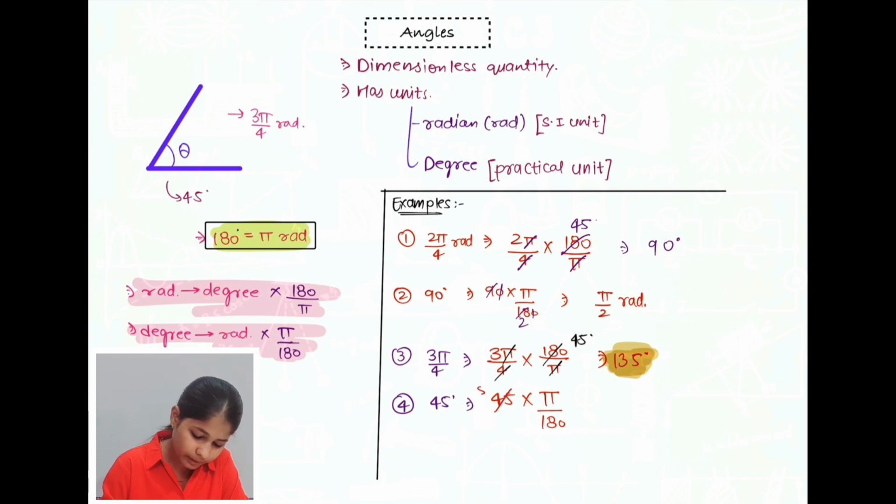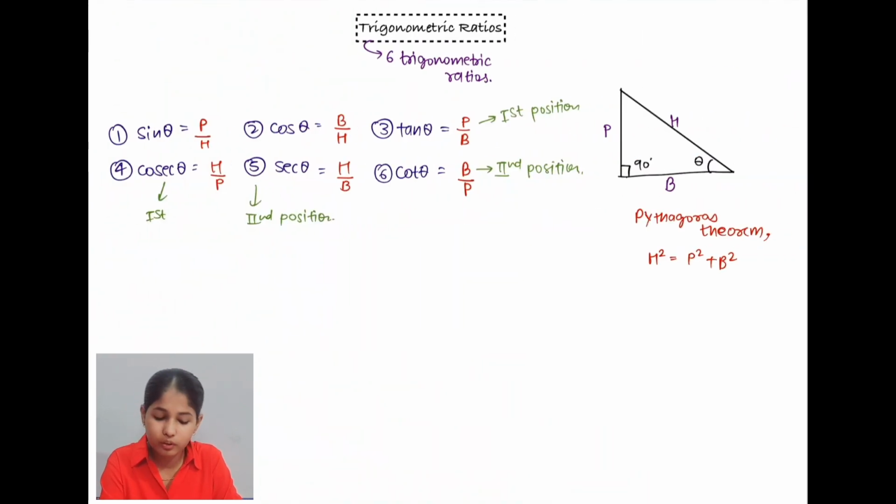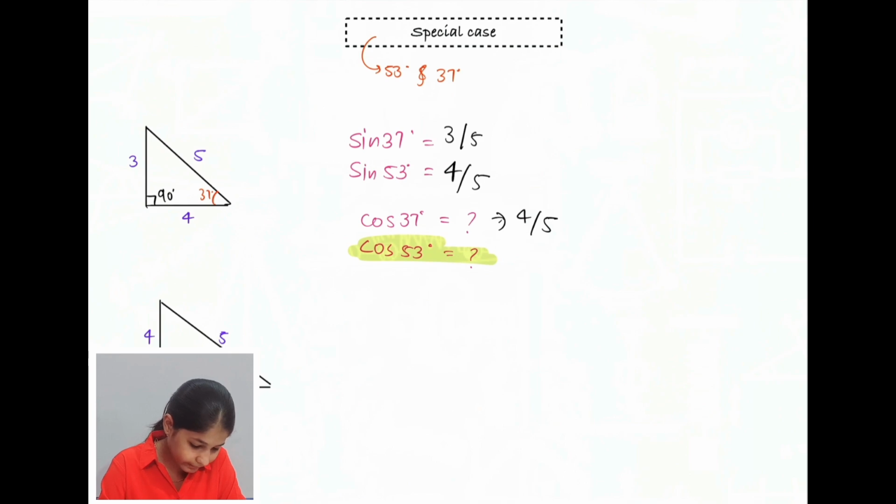Now 5 9s are 45, and 9 4s are 36. You will get pi upon 4. This will be your answer. If you convert 45 degrees into radians, your answer will be pi upon 4. So this is our question, and let's check another question.